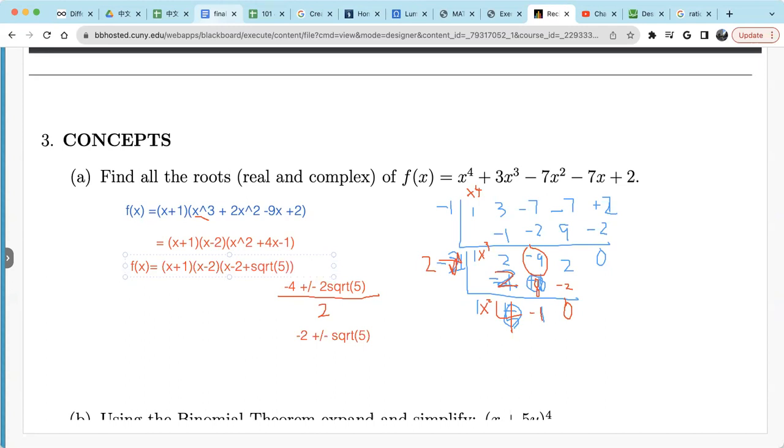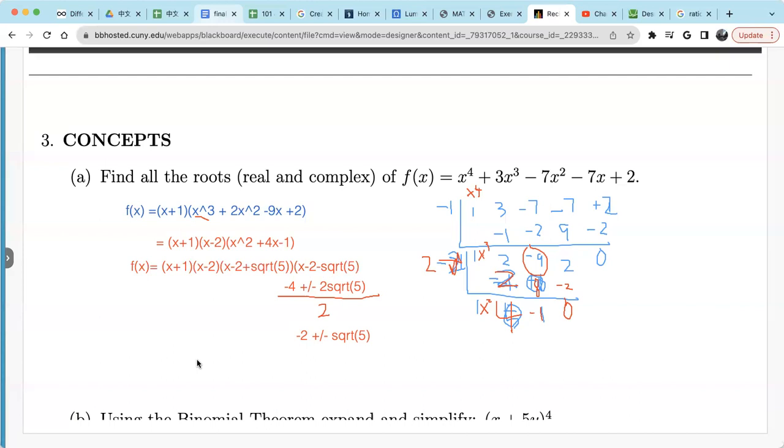Right. And then we have x minus, negative 2 minus square root of 5. Irrational roots come in pairs. Complex roots come in pairs. So that's it. This is the solution for this one.